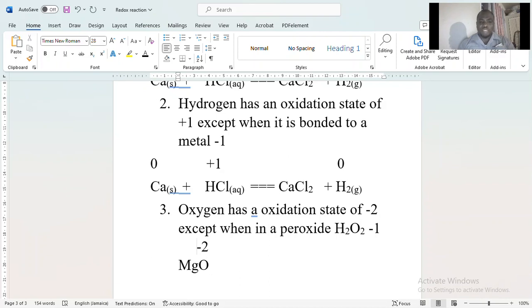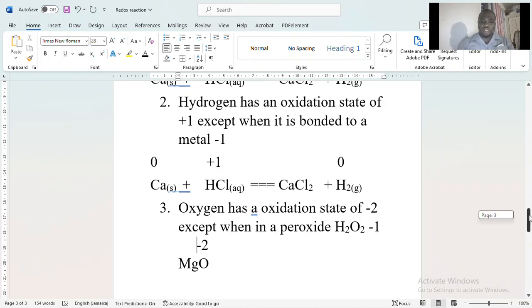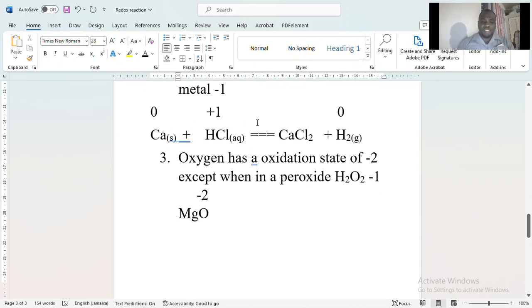The rule that speaks about it is 3. We have other rules that we can use to get to this. So we're continuing. Even though there isn't any oxygen in this equation currently, we would have been able to assign a -2 if there was.